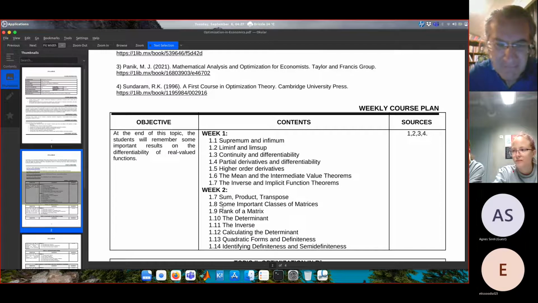Okay, and this is the syllabus, the contents, the topics that we're going to cover. We're going to cover various topics, and I'm proposing the goals for each week. So this is the preliminary section, and this is the objective. I'm going to read it. At the end of this topic, the students will remember some important results on the differentiability of real valued functions.